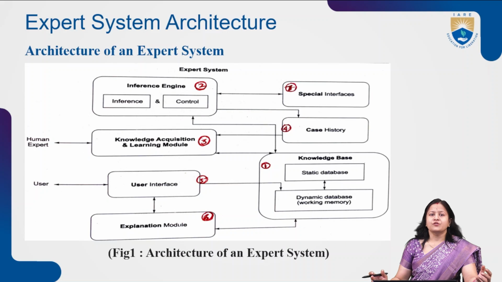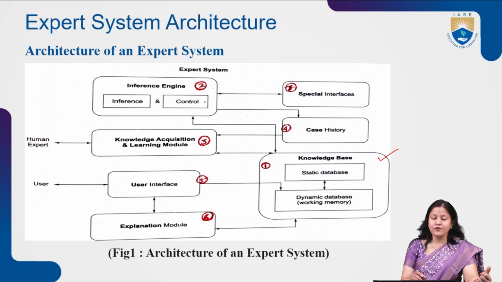This is the picture of the architecture of the expert system. In total, 7 modules are there. The first module in the architecture is the knowledge base. I have highlighted it with red pen because I captured this picture from the book on artificial intelligence. The second module is the inference engine.